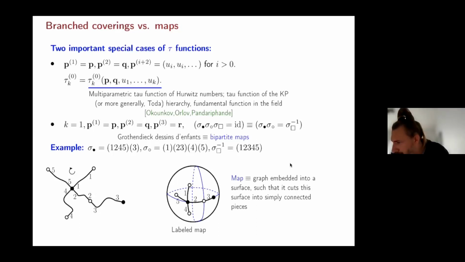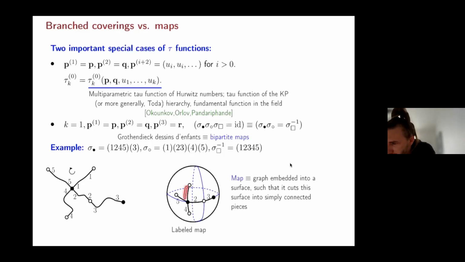And I also promised you that the last permutation tells you something about the faces. So we can see on this picture that this permutation encodes the labels around faces of my map. How do I do this? I should walk around the graph on my surface, starting from 1, and then I will read every second label.